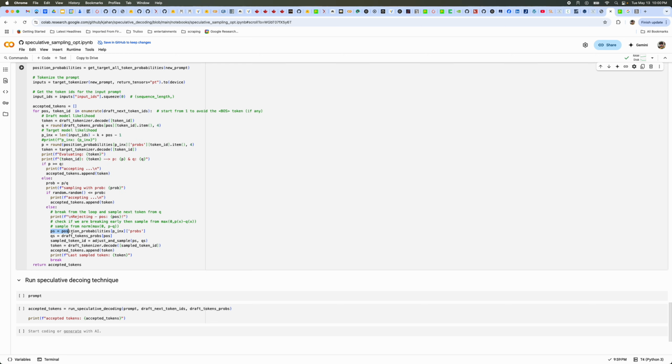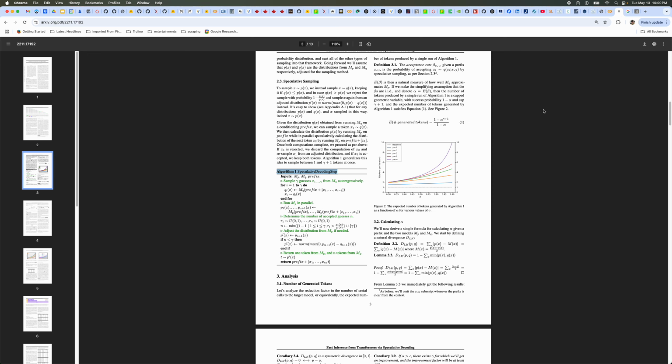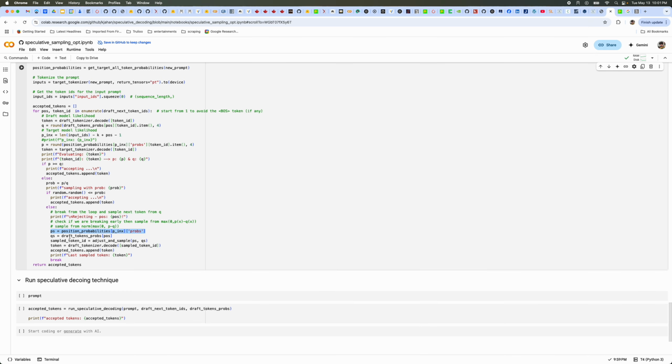Now we have one more chance. I might have made a mistake here actually. I have to review this and spend more time, but essentially this is where I'm sampling the very last token from this distribution, and this is something worth reviewing later.